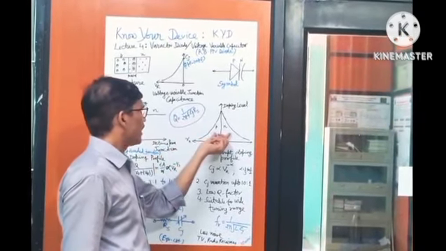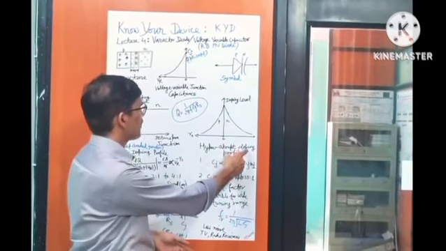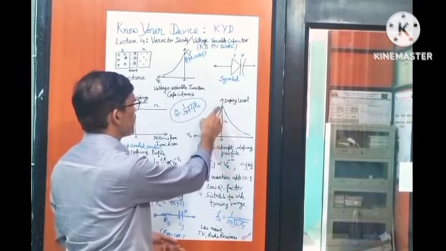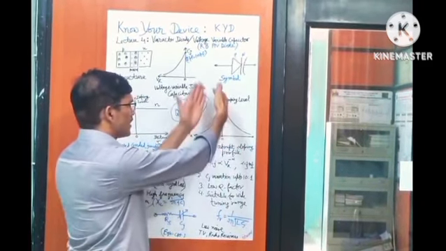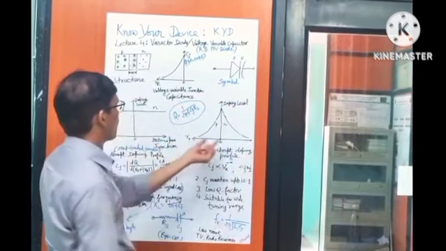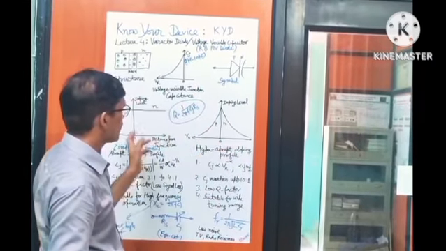Now here another type of doping is used, which is known as hyper abrupt doping profile. In this case you can see that doping is highest at the junction, and it is gradually decreasing as we move away from the junction on both sides, on the N side as well as on the P side.